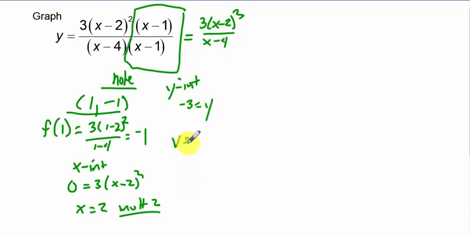And I have a vertical asymptote of 4. And you'll notice in this case again, I actually have 3x squared, that's 4, that's -12x, and that's +4 plus 12 over x minus 4.